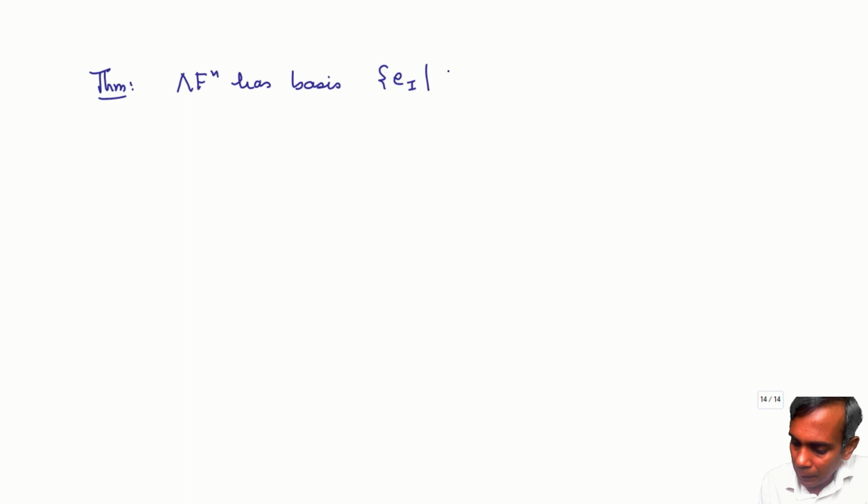So what we have is that finally wedge Fn has basis E_I, I subset of n. Now these subsets could have size anything from 0 to n.